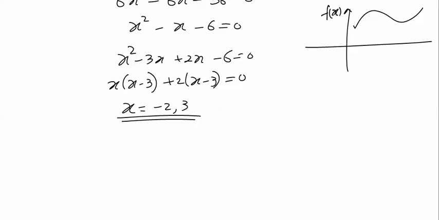By doing f'(x), we are trying to find the slope. f'(x) is nothing but the slope at any instant x, and we are substituting that to be 0. So f'(x) = 0 means what? I'm talking about this point, or this point.